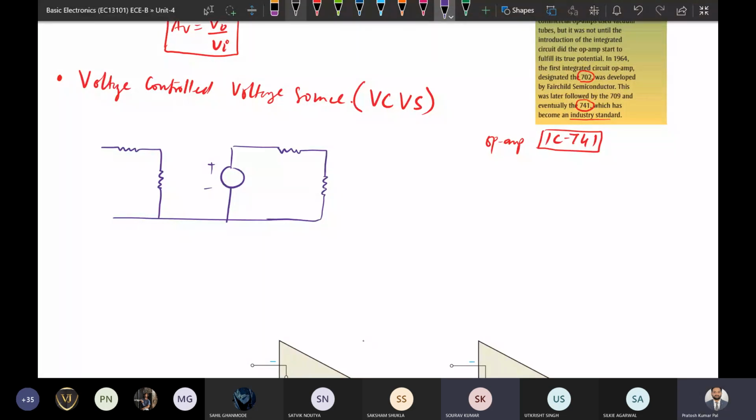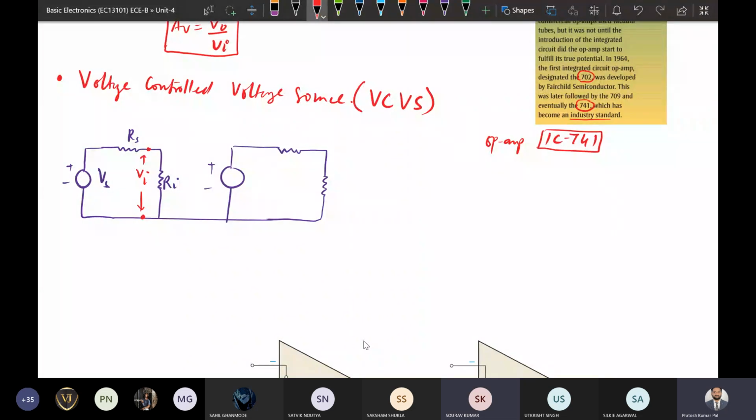Here we will be providing some inputs. This is the input voltage.